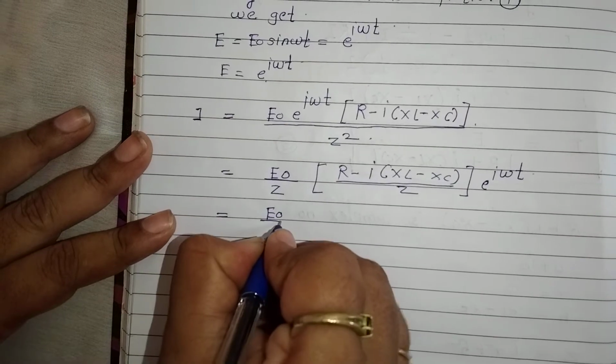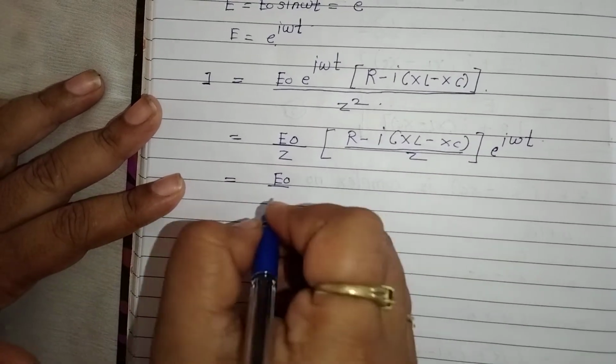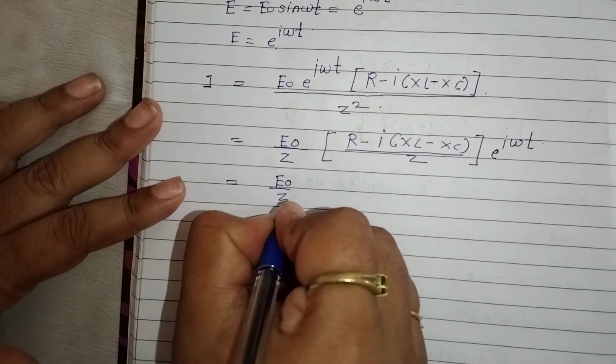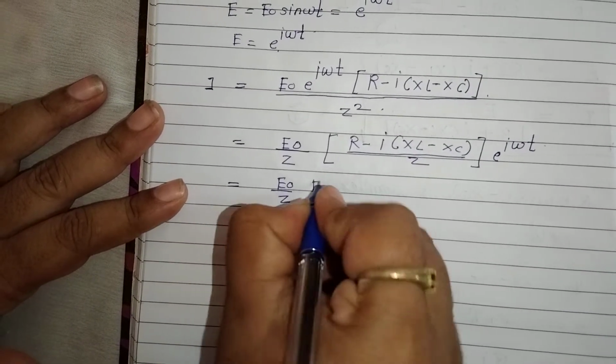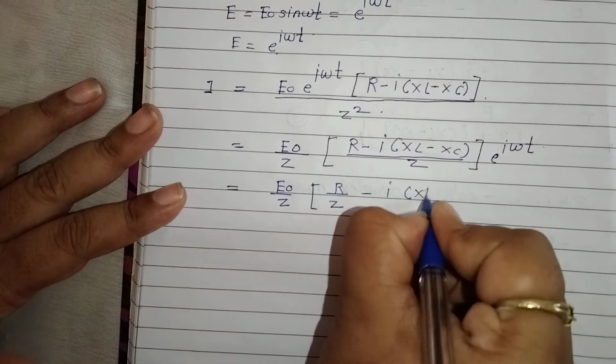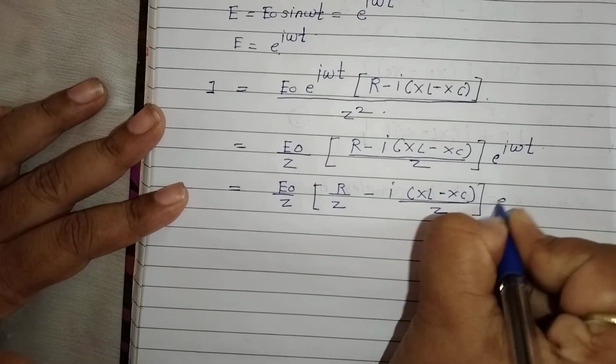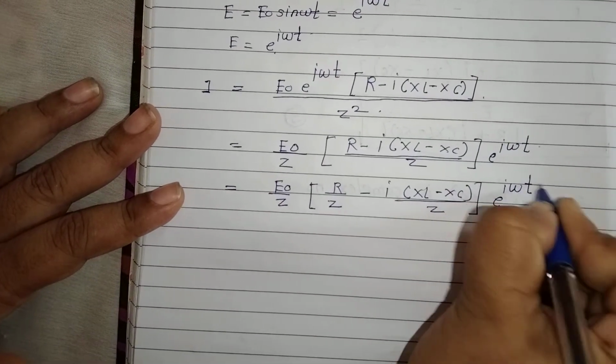Also, to put it in a simple form: E0 divided by Z, times R by Z minus i(XL minus XC) divided by Z, into e raised to i omega t.